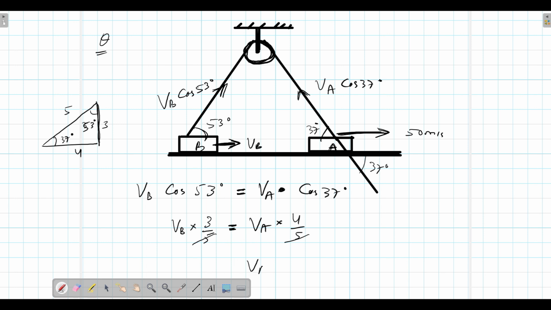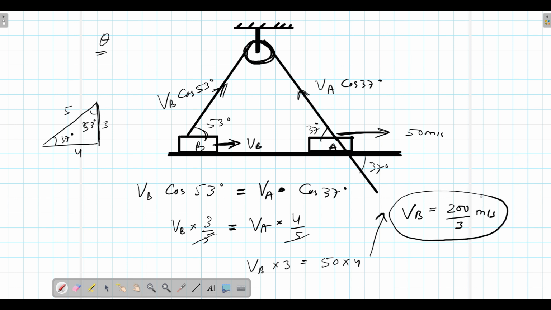VB into 3. VB equals to 200 divided by 3 meter per second. VB equals to how much? VB equals to 200 by 3 meter per second.